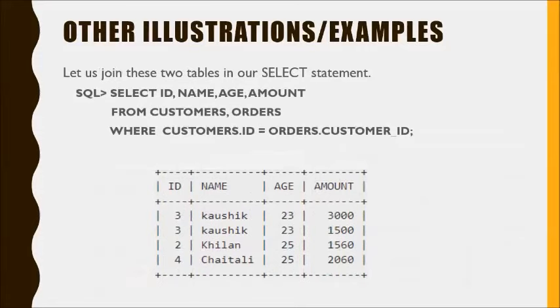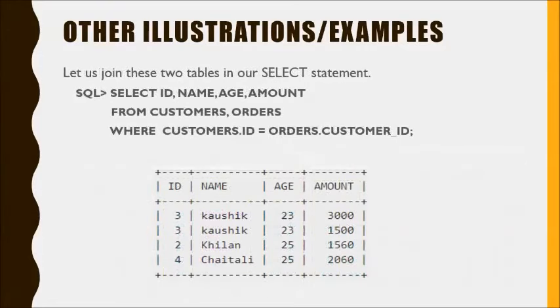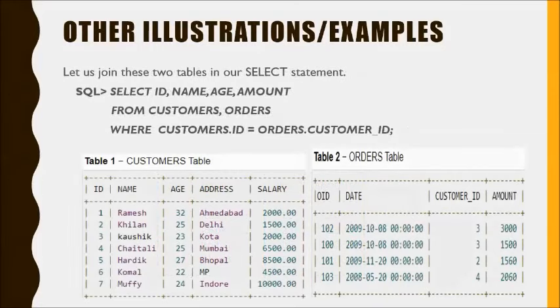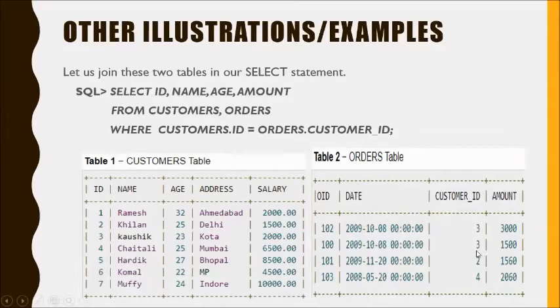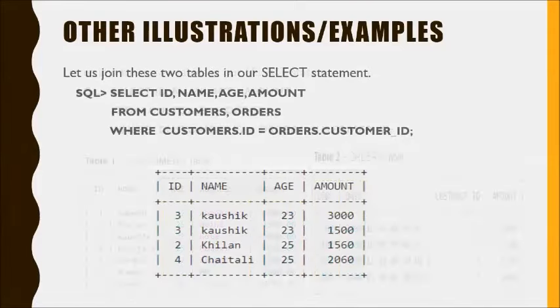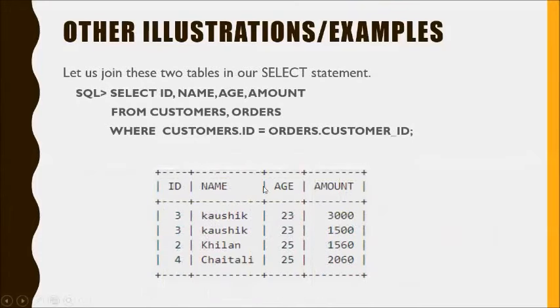Okay, so we have 3 Kaushik, and then we have another 3 Kaushik here. We have the same customer ID here from the orders table. And then we have 2 Kilan. So customer ID 2 here represents Kilan, which is the same ID from table 1. And then for Chaitali. So this will be the output of our statement here.